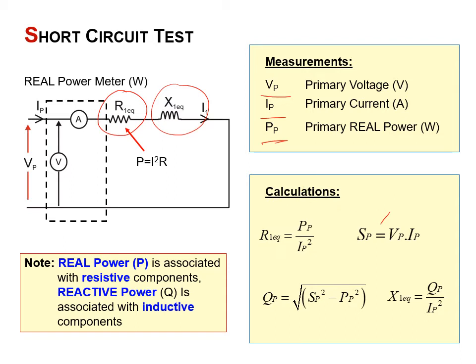So I can find the R1 equivalent by dividing the primary power by the current squared. I can find the apparent power by VpIp. I can then consider my power triangle.